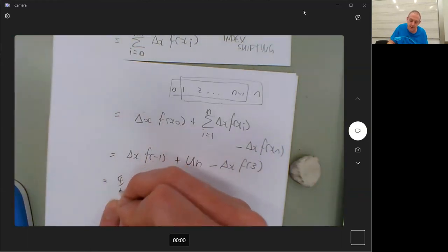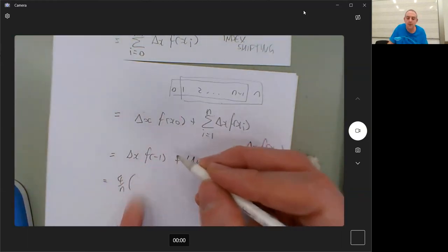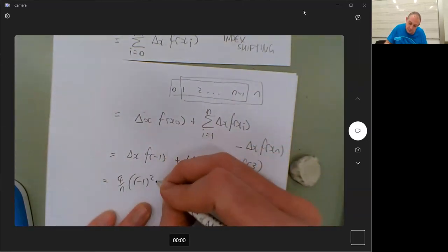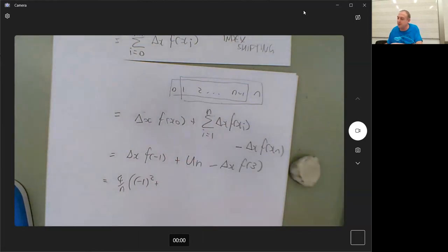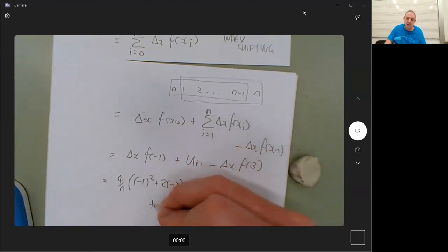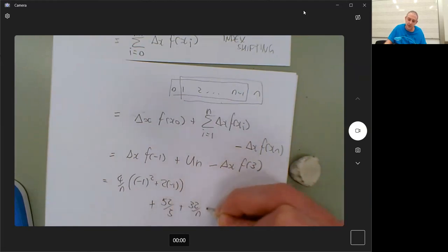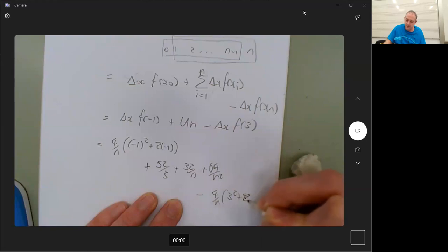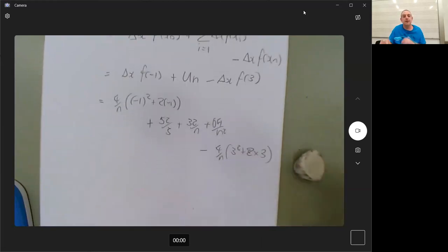This is 4 on n times minus 1 squared plus 2 times minus 1, from the original function. And the Un we just figured out, that's 52 on 3 plus 32 on n plus 64 on n squared. And f of 3 is 3 squared plus 2 times 3. Ta-da! All the sum notation's gone.